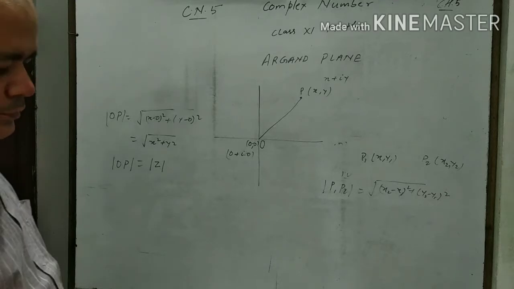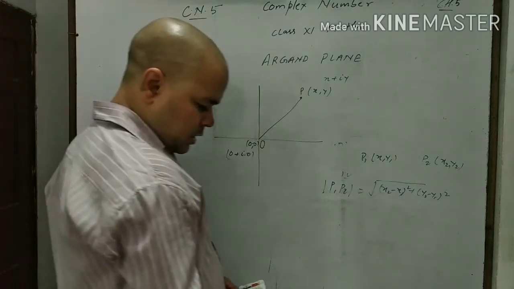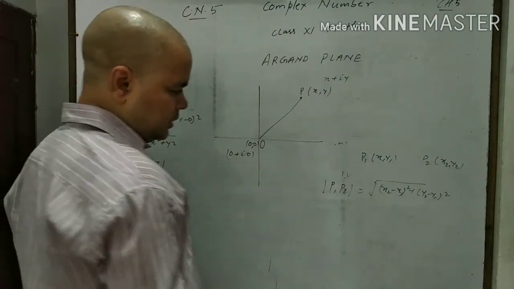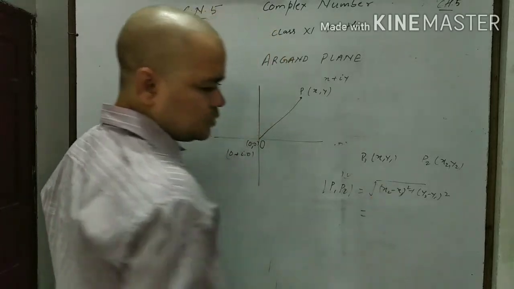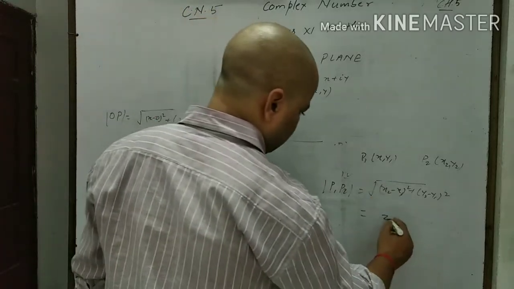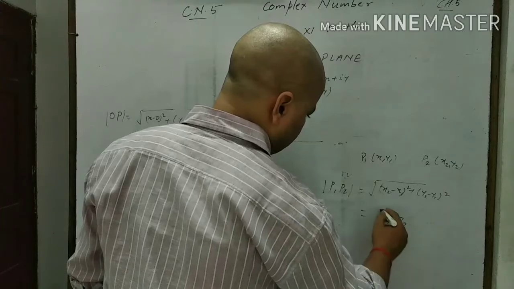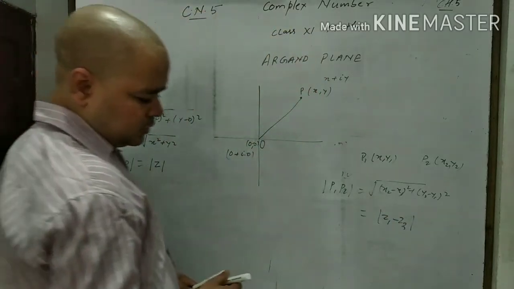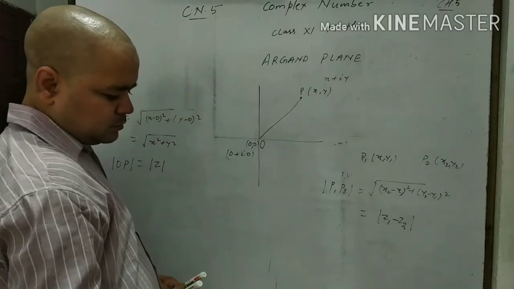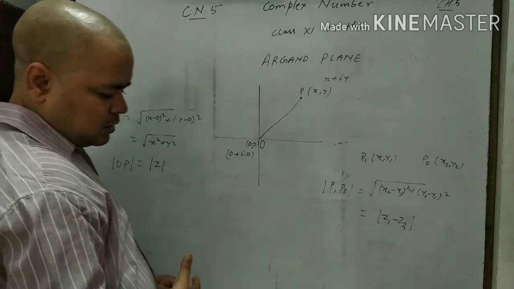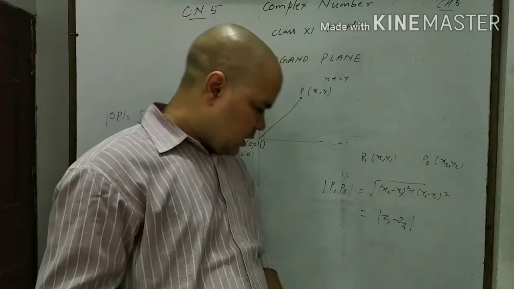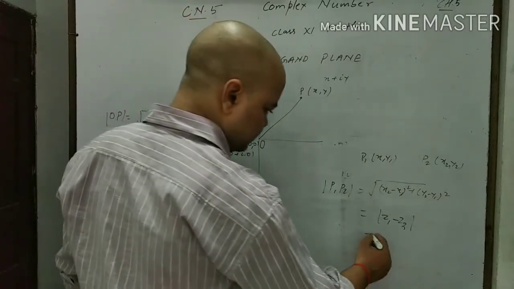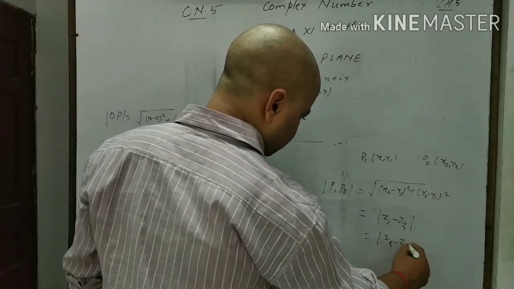And if we try to verify it, it will be z1 minus z2, and we know that the modulus of z1 minus z2 can also be written as the modulus of z2 minus z1.